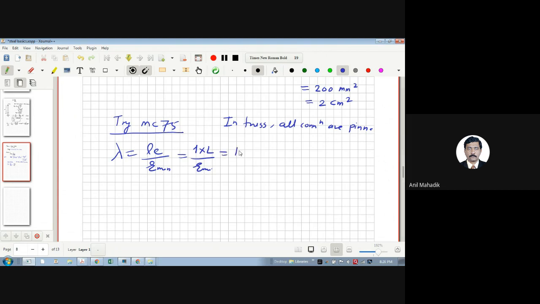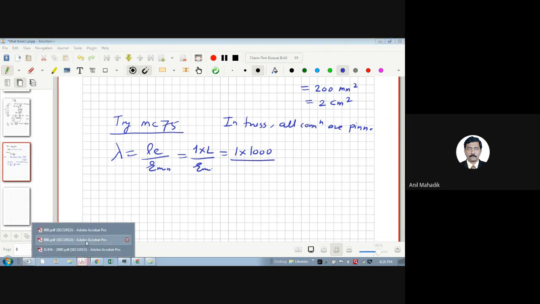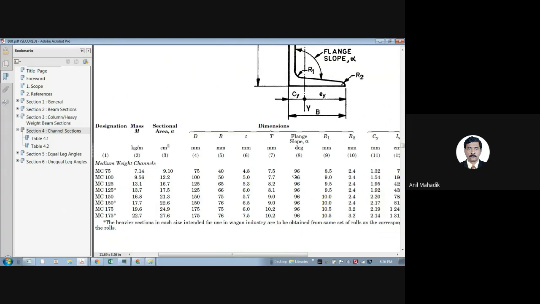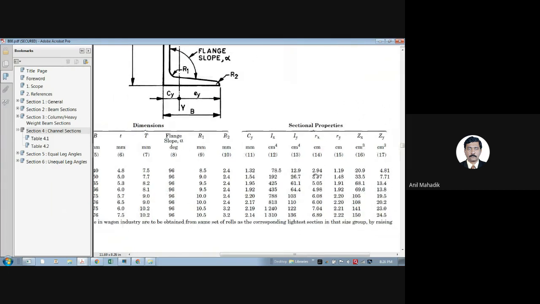1 into L, means हमारा 1000 है ना अभी, and r minimum you get from the table here. So here you can see MC75, and r minimum is... See, ry is minimum. You can see this is rx 2.9 and ry is 1.19. So let's take 1.19 cm, means 11.9 mm.